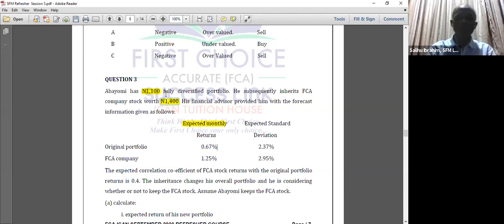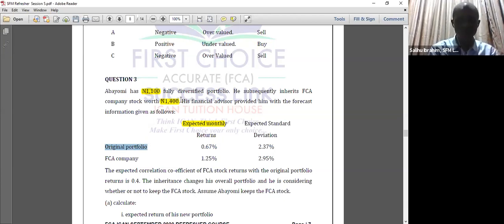Now, the proportion of my fund that I have invested on this portfolio is going to be this 1,100 all over the total. This plus this is 2,500. I will say 1,100 all over 2,500. That will give me my weight, or what we call the proportion, or the probability. So I will use that one to multiply this. That is the expected return on that original portfolio.